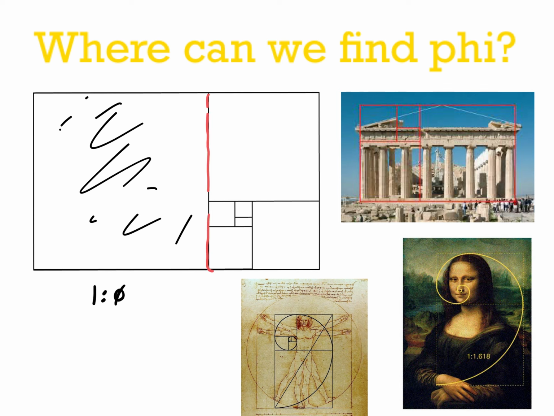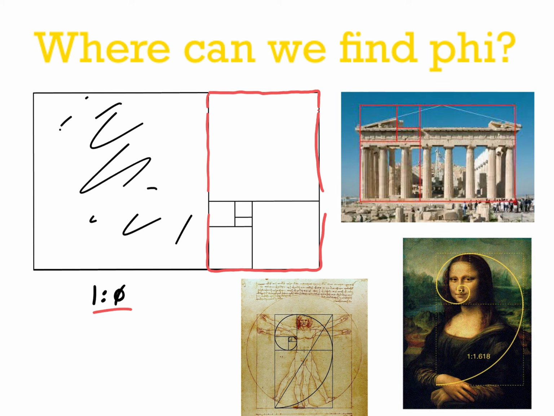Now this rectangle, it may not seem like it, but it also has the side length ratio of 1 to phi. And you can keep doing this forever and ever and ever, which makes it really neat.